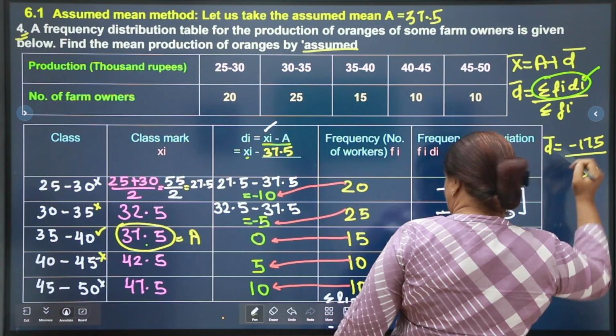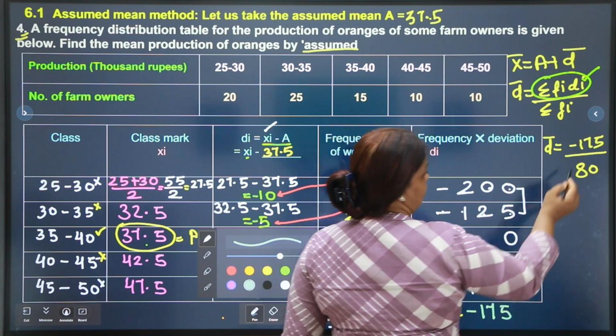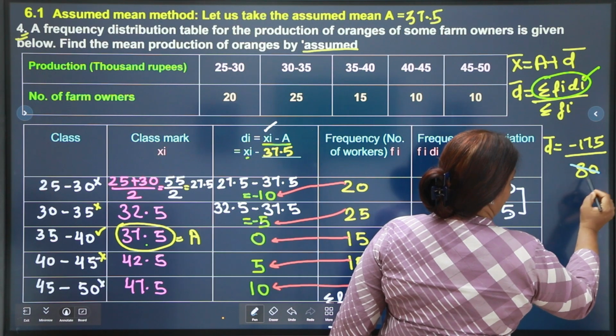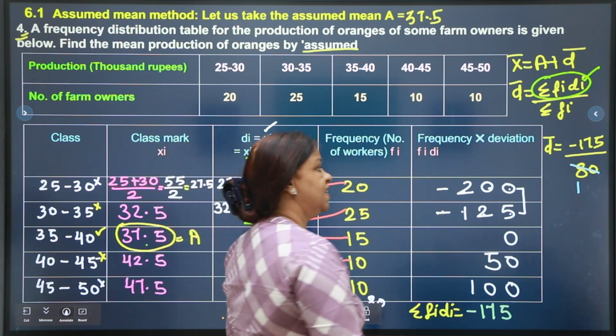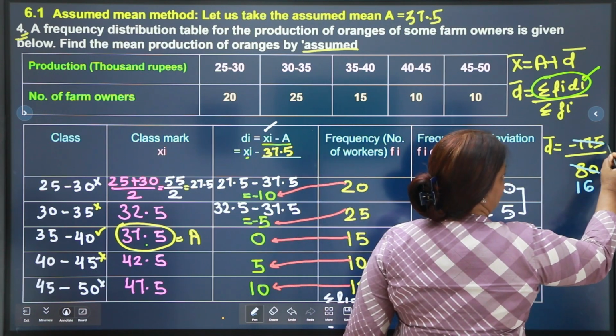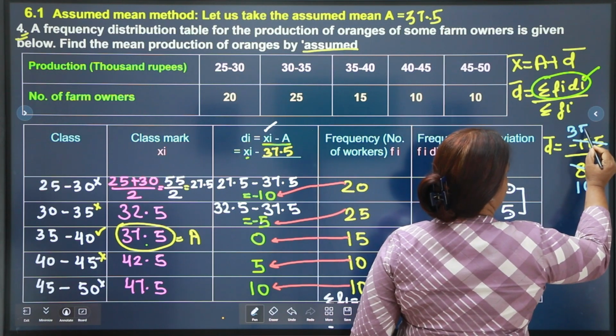We can divide these both number by 5 first, because 5 ones are 5, 5 6s are 30, then 5 3s are 15, 5 5s are 25.